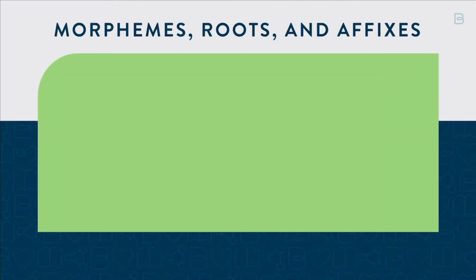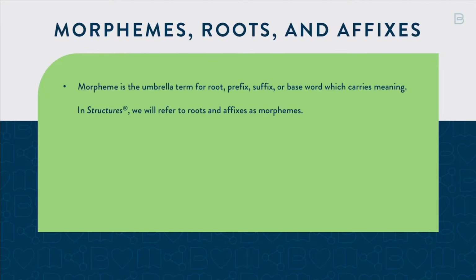Morphemes, roots, and affixes will enhance your reading instruction tremendously by carrying meaning with these parts to words that students will encounter when they're reading. Morpheme is the umbrella term for roots, prefixes, and suffixes, or base words, which carry meaning.